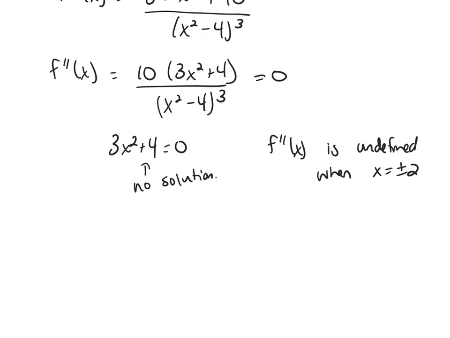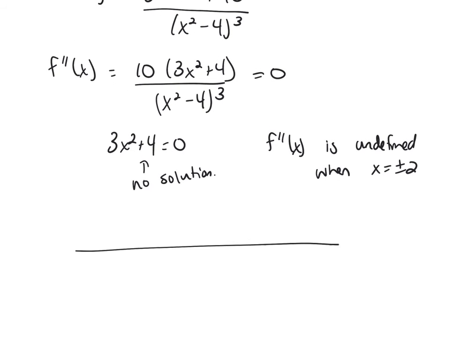So on my number line, I'm going to put a negative 2 and a 2. And I'm going to pick some test points smaller than negative 2, so negative 3. The easiest number between negative 2 and 2 is 0. Pick 3. And you're going to plug them into your second derivative.